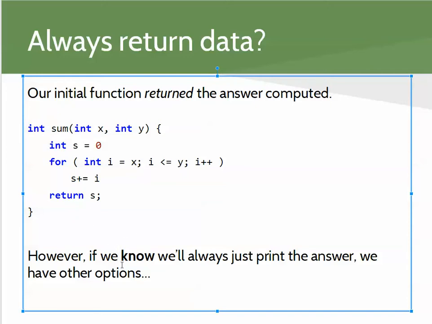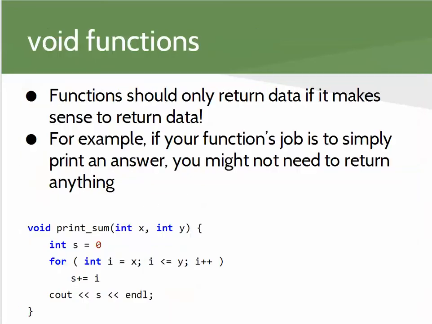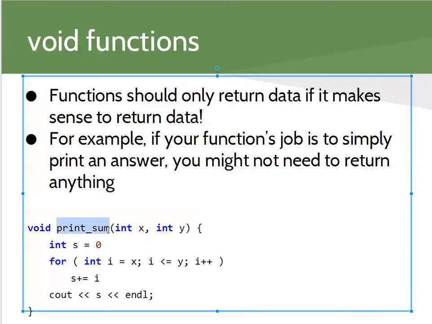However, if we know for a fact that the only reason we would ever call this function is because we wanted to print the answer to the screen, we actually can implement this a little bit differently. One option would be to call the function print sum, because its job is to compute the sum and print it.